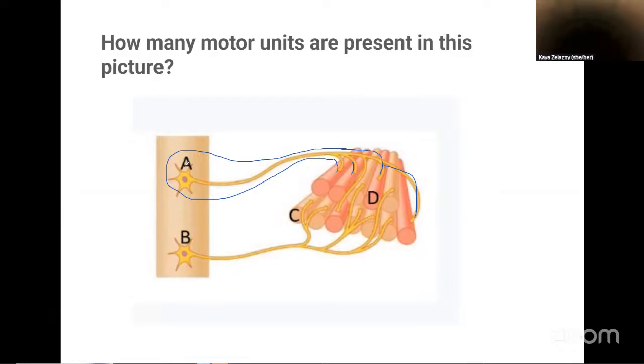So one motor neuron and several muscle fibers is our setup for a motor unit. Any given muscle fiber on the flip side is only going back to one of our somatic nerves, to one motor neuron. We don't have any fibers that are getting innervation from like both A and B, one or the other.